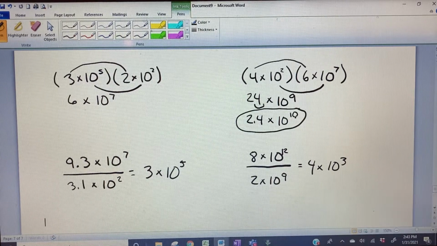And that's a good thing to look for on a test. If they ever say, which one of these numbers is in scientific notation, or is an answer in scientific notation, look to see first, are all of your numbers between 1 and 10, but not 10?